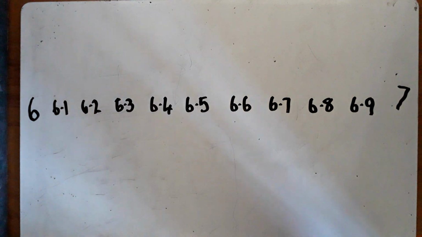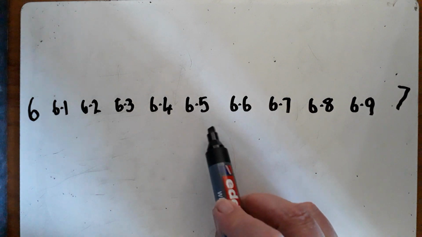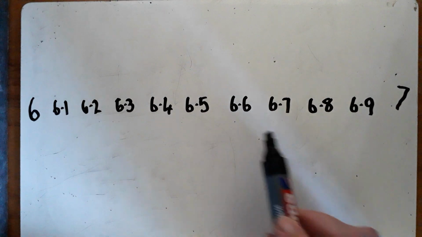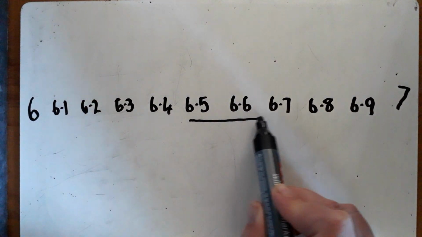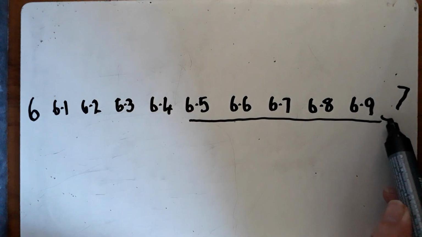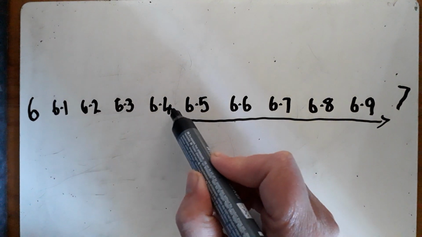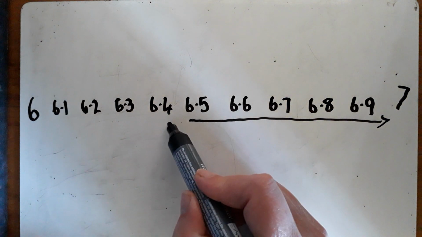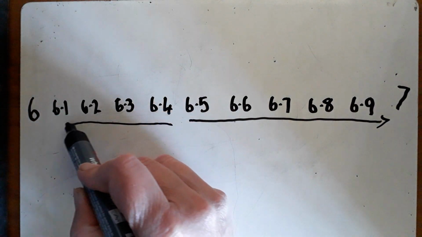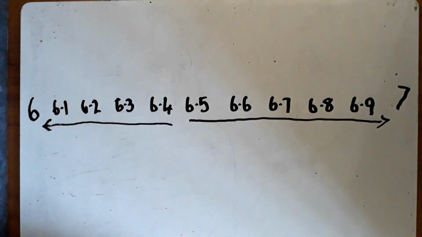Because we have the tenths here, the 0.5, 0.6, 0.7, 0.8, 0.9, if I was rounding these numbers, they would round up to 7, and 0.4, 0.3, 0.2, 0.1 are the numbers that would round down to 6.